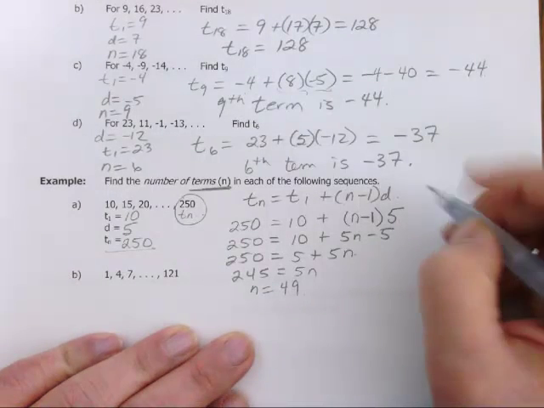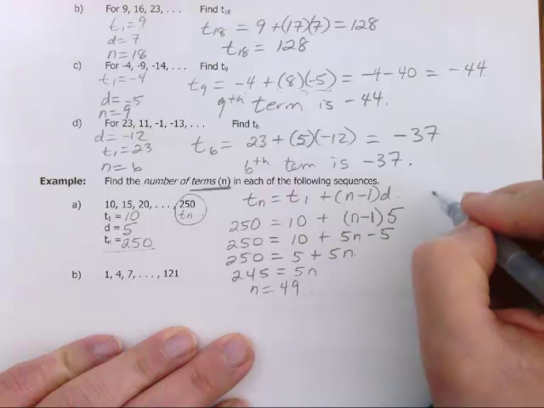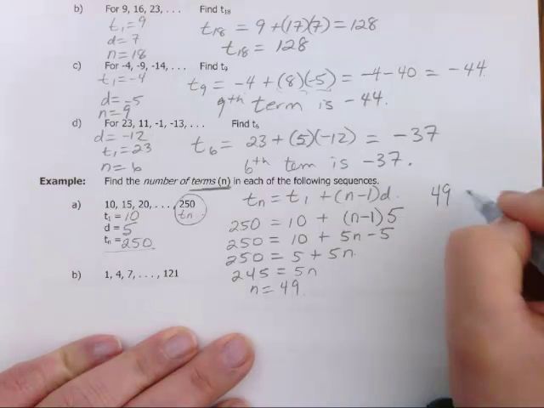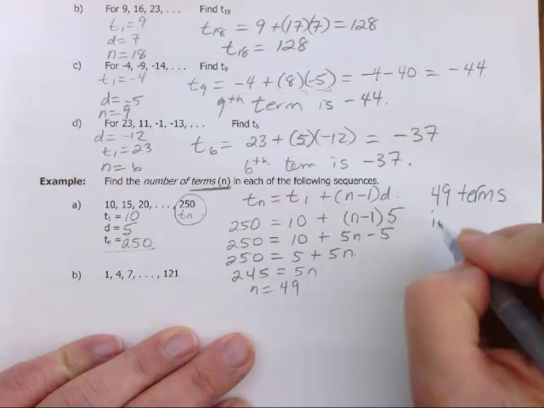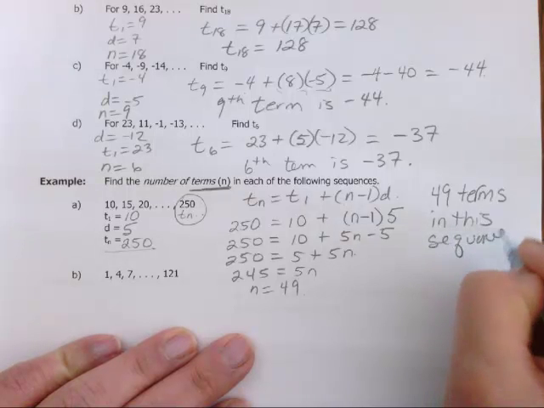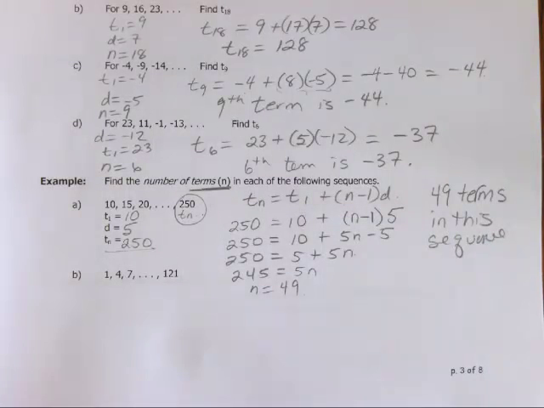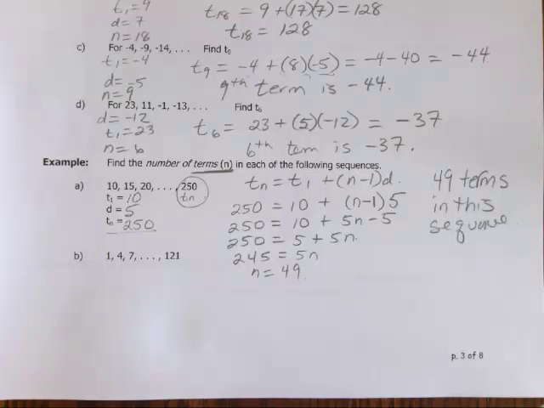So for this question here, we have 49 terms in this sequence. Okay? Now, hit pause, try this next question on your own, and I'll show you the solution.